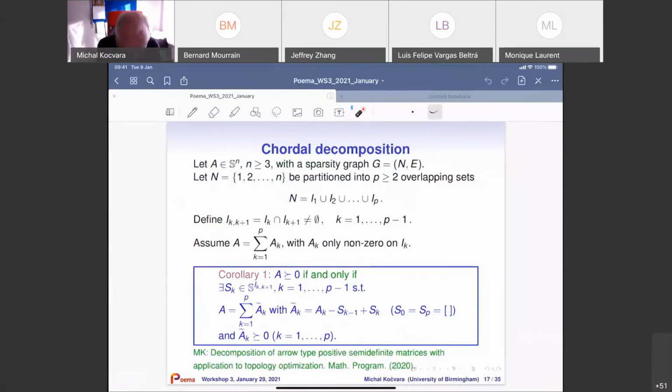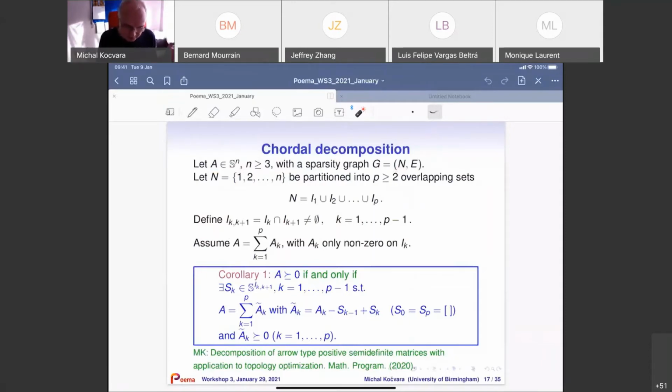Now, there is a nice corollary to that theorem. Assume again that we have this matrix A, which is a sparse matrix. It has a sparsity graph G, and the nodes or the vertices of that graph are simple numbers 1 to n, the dimension of the matrix.